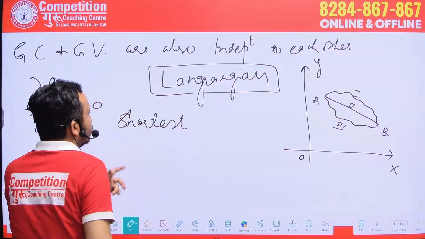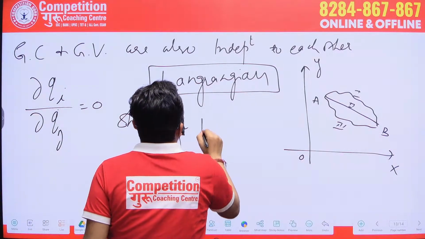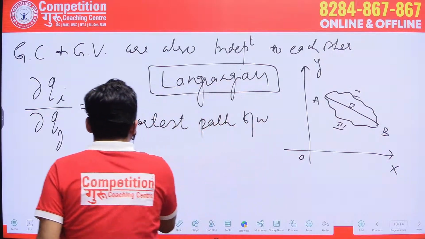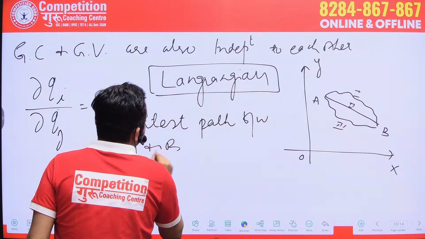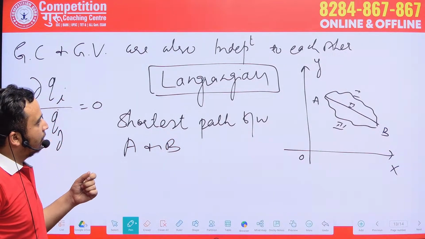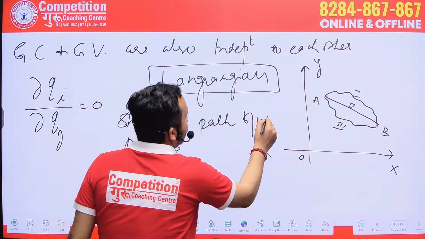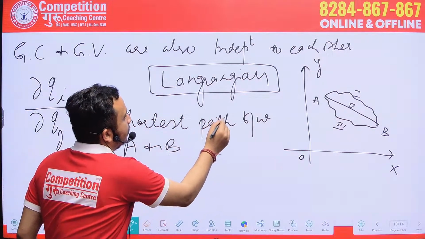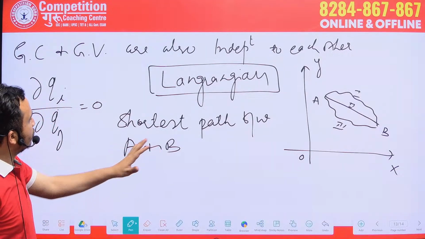That was a question in mathematics: the shortest path between A and B.